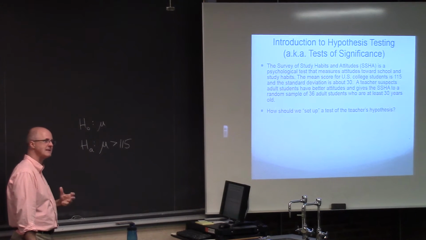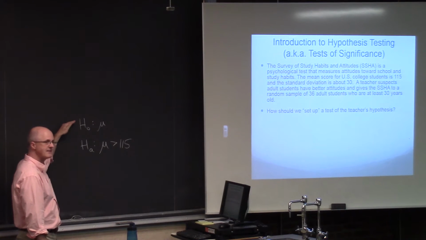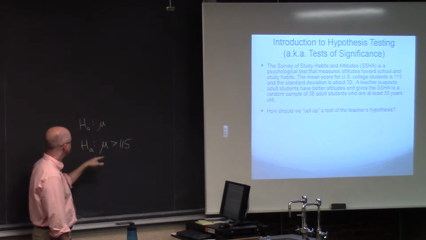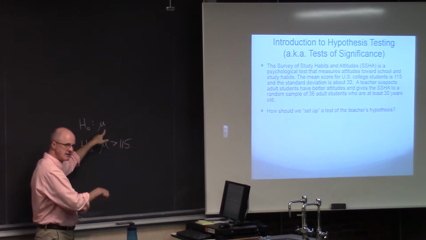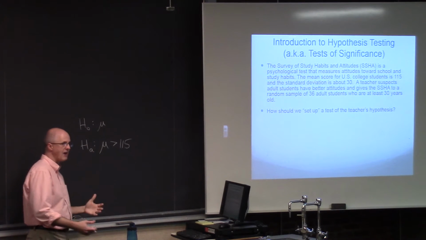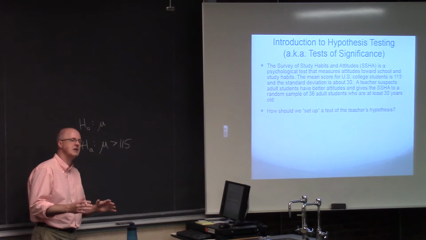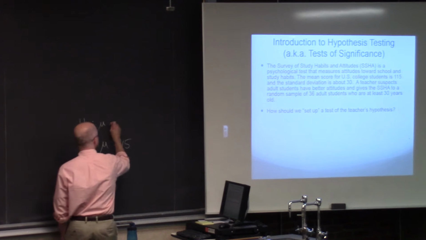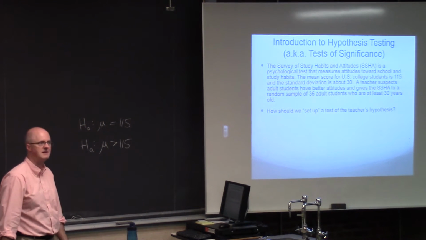That's her hypothesis, that's her theory, that she's going to test against a null hypothesis, the opposite of this. Technically speaking, the null hypothesis is the opposite of this one, meaning mu is less than or equal to 115. However, for simplicity's sake, for the sake of keeping the calculations conceptually as simple as possible, you go ahead and assume the null hypothesis is the boundary value, mu is 115, exactly.